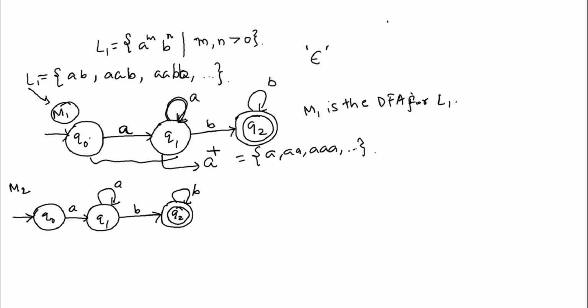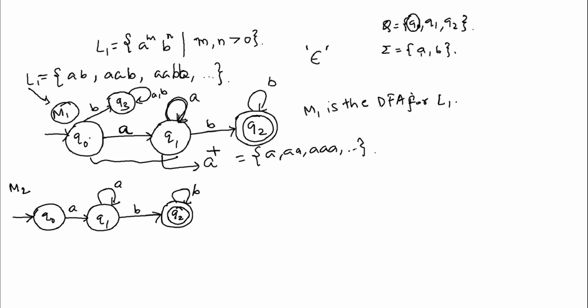Means if your states are Q0, Q1, Q2 and your symbols are say A and B, for every state, for Q0 you must have a move of Q0 with respect to A and a move of Q0 with respect to B. So here you are giving a move where Q0 will go on seeing A, and where Q0 will go on seeing B, it will go to a state, let's say Q3, and this will be a dead state. Why?